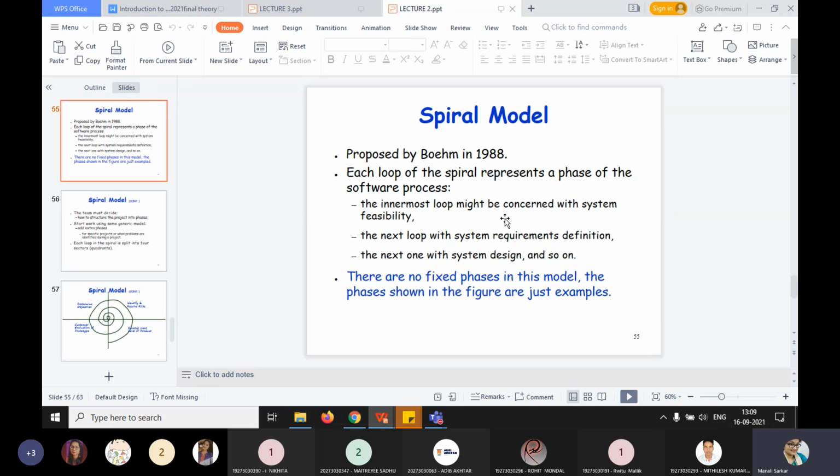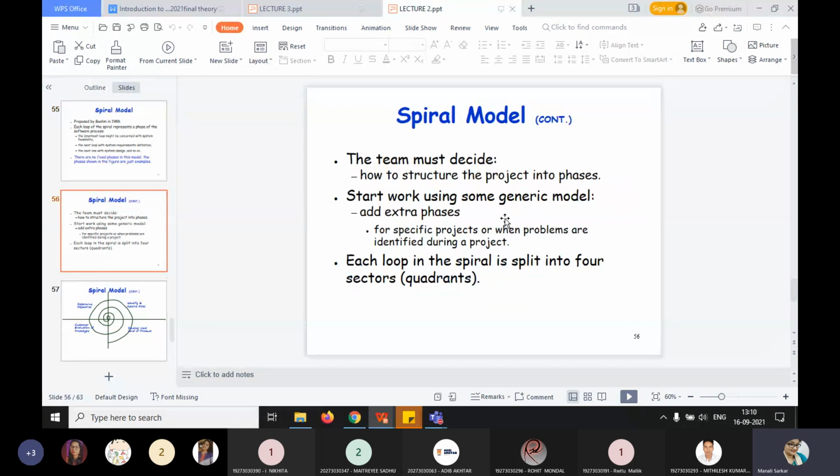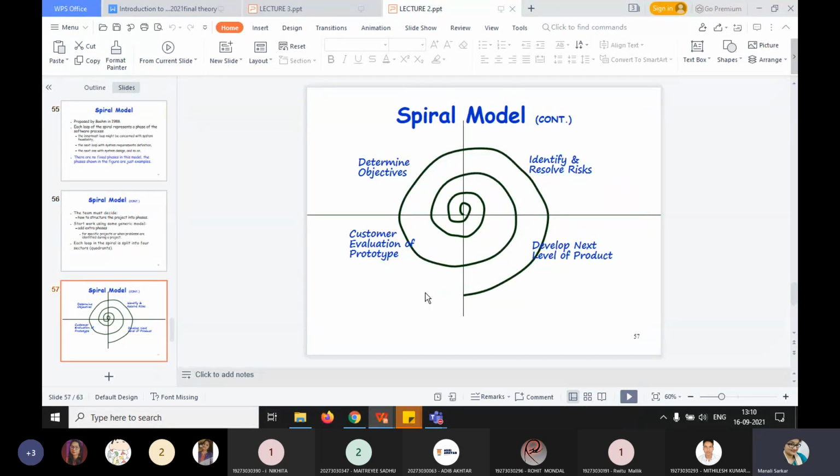The innermost loop might be concerned with system feasibility, the next loop with system requirement definition, the next one with system design, and so on. So in the spiral model, there are a number of loops, and we have divided the model into four quadrants.